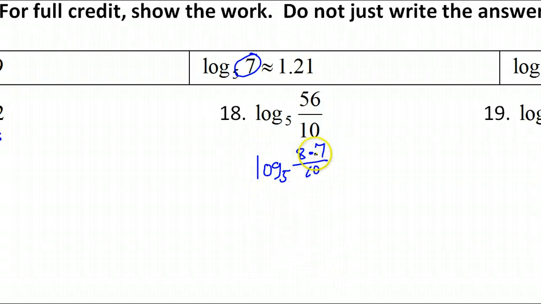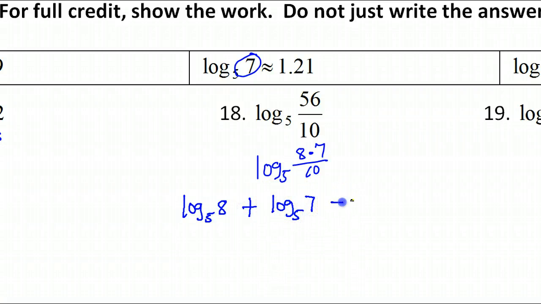Using these 3 factors will become 3 terms. So I have log base 5 of 8 plus log base 5 of 7 minus log base 5 of 10. Notice the two factors in the numerator turned into positive terms. The one factor in the denominator gave us a negative term. That's always the way it works. Anything in the denominator is going to wind up in a negative term. All three of these things are facts that we are given.